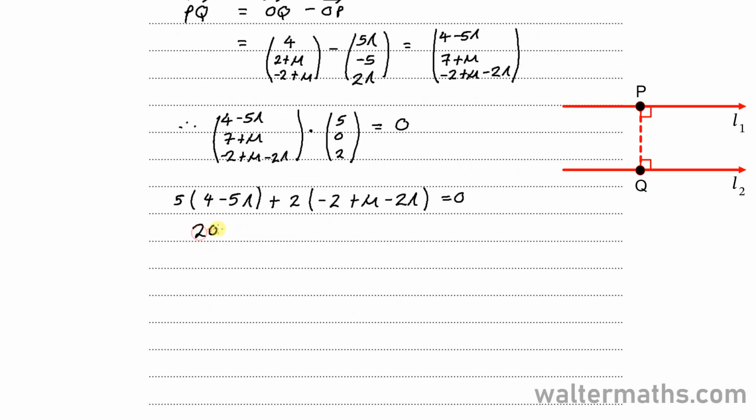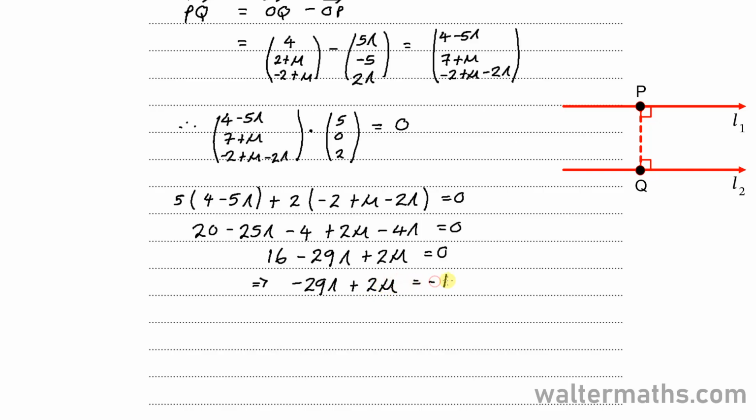So that's 20 minus 25 lambda minus 4 plus 2 mu minus 4 lambda equal to 0. Now 20 minus 4 is 16, and we have minus 25 lambda minus 4 lambda, which is minus 29 lambda, plus 2 mu, equal to 0. So minus 29 lambda plus 2 mu is equal to minus 16. Let's call that equation 1.